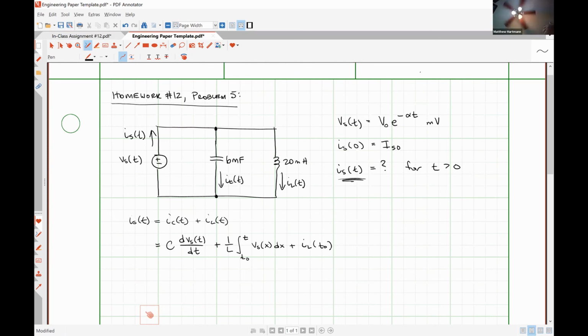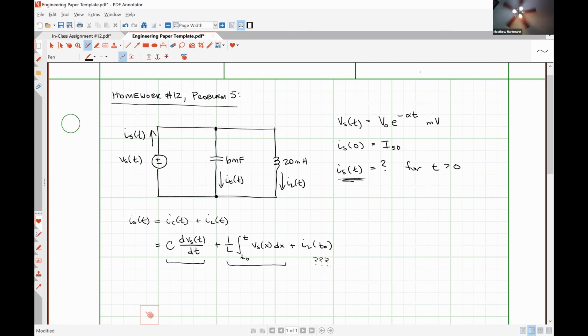So I would argue that if we had numbers right now, I could take care of this portion and I could take care of this portion. But what am I going to do about the initial condition on my inductor current? Any ideas? Could we do current division with the Is at t naught?